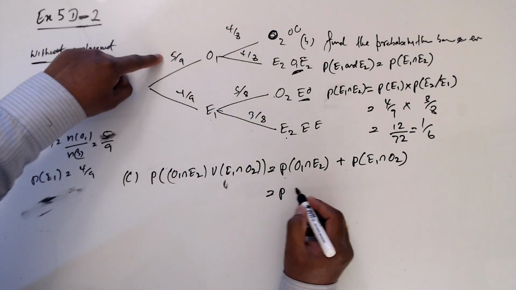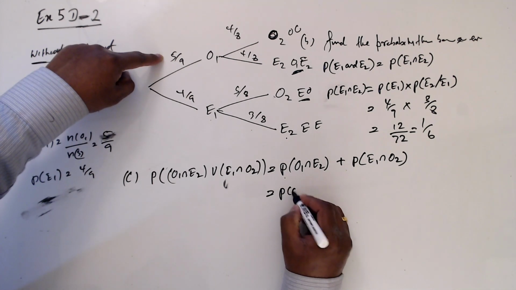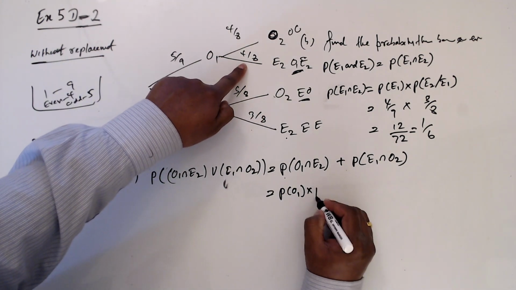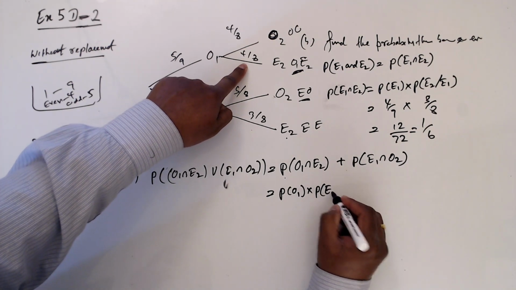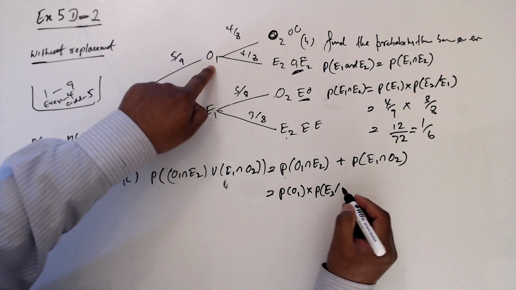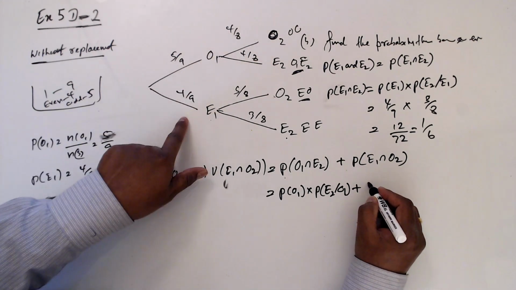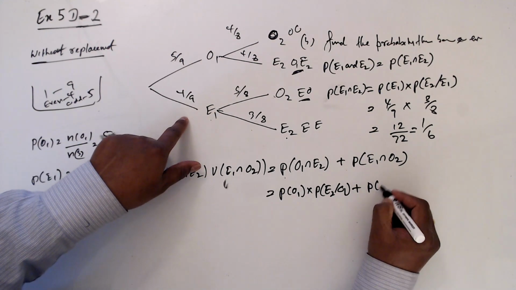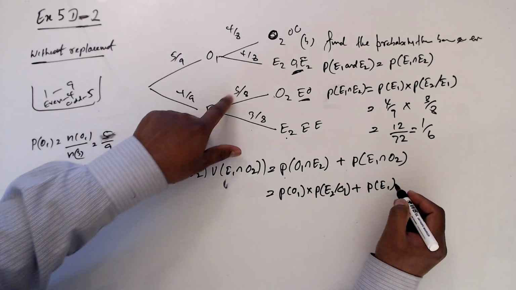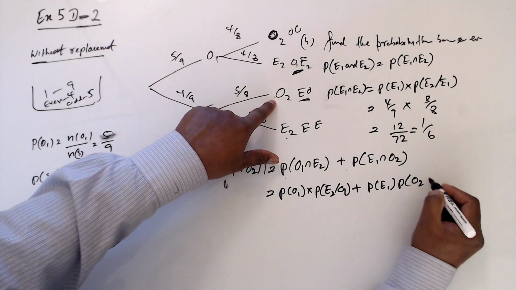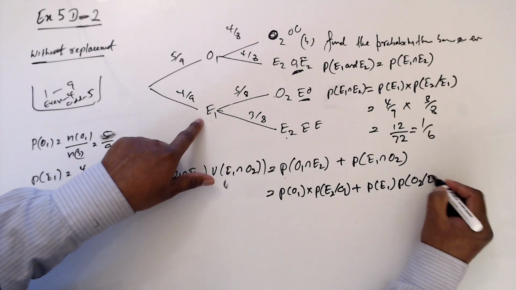Probability of O1 multiplied by probability of E2 given O1, plus probability of E1 then probability of O2 given E1.